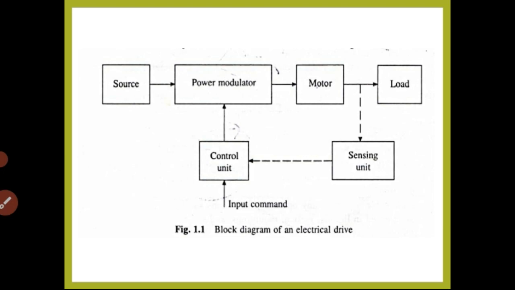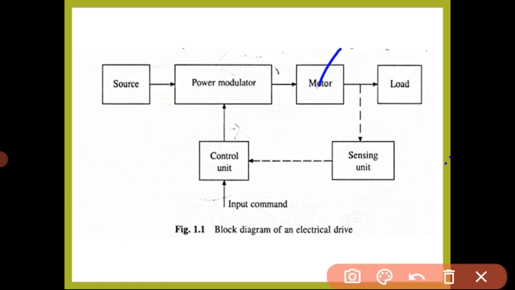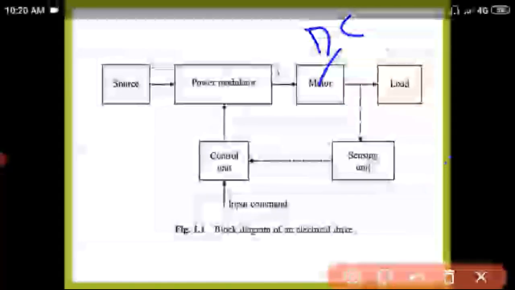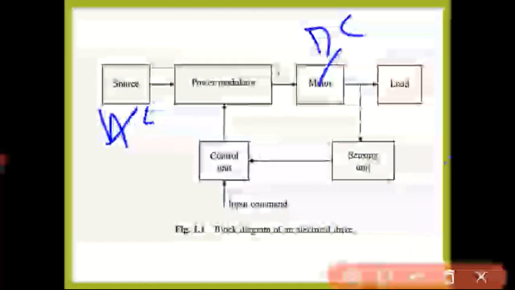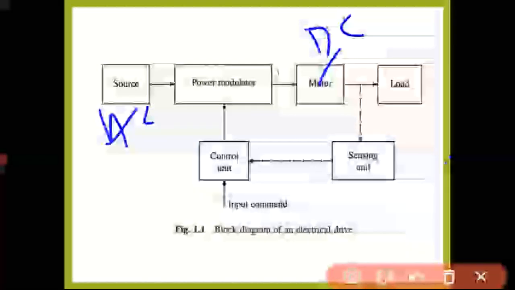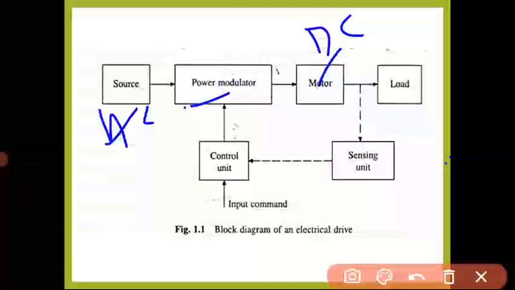Here, for example, my motor is a DC motor. If I have an AC supply, the power modulator's job is to convert from AC to DC, and it will be given to the motor.